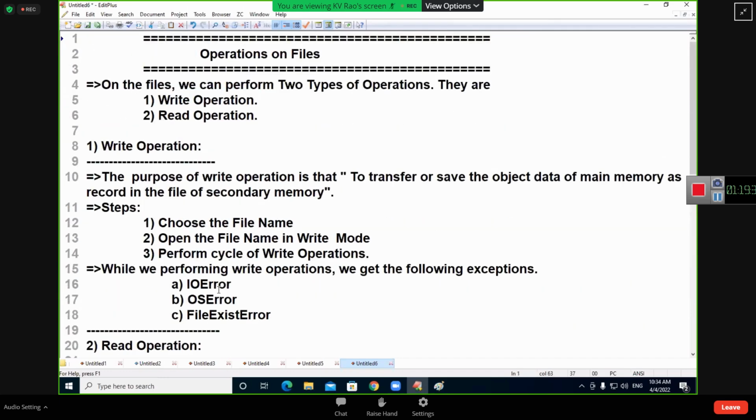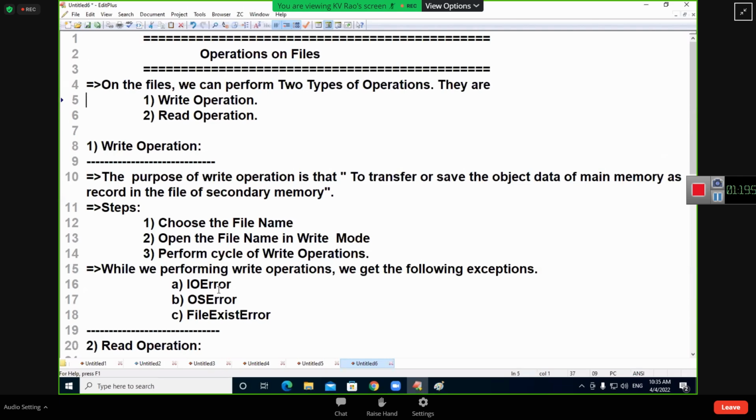4. You said 3 and then showing 2. How many operations on the files? 2. How many steps in read operation? 3.